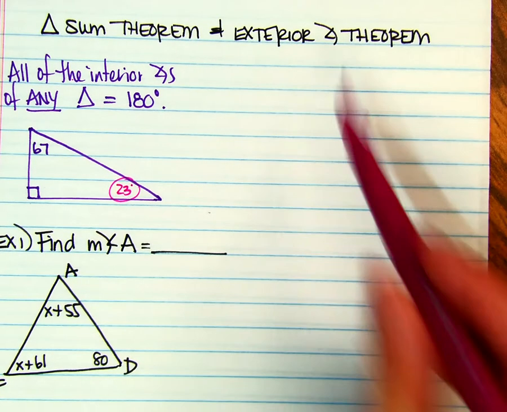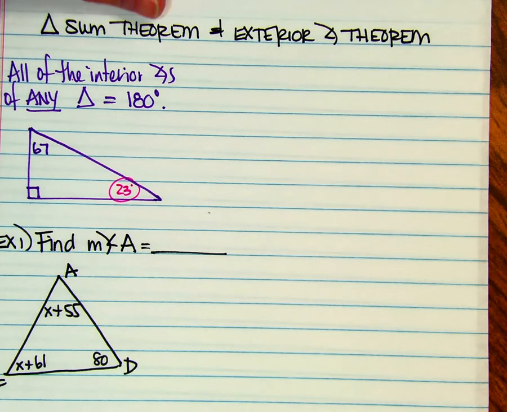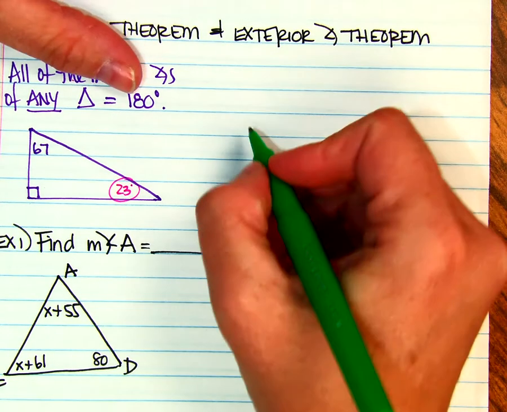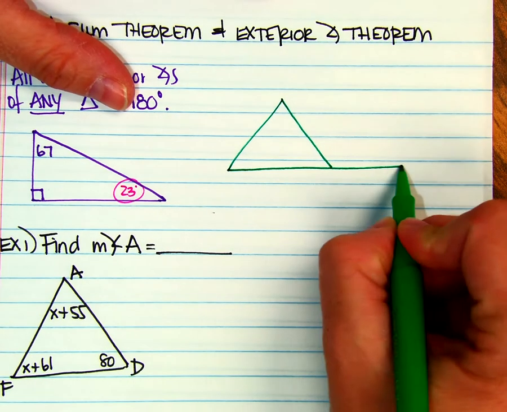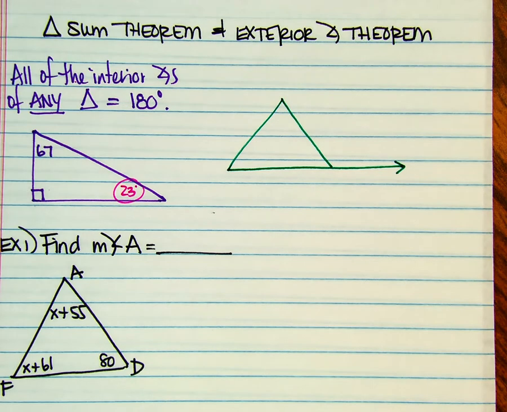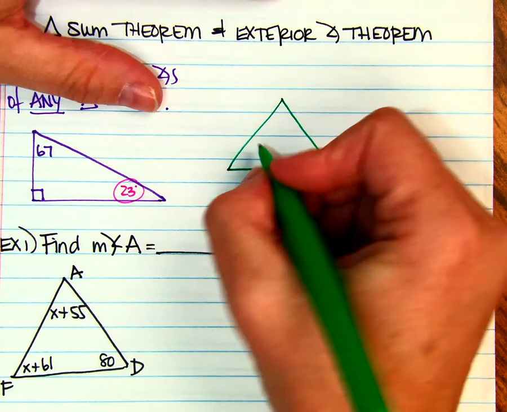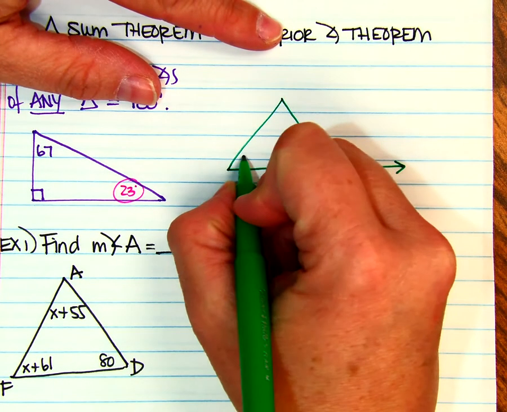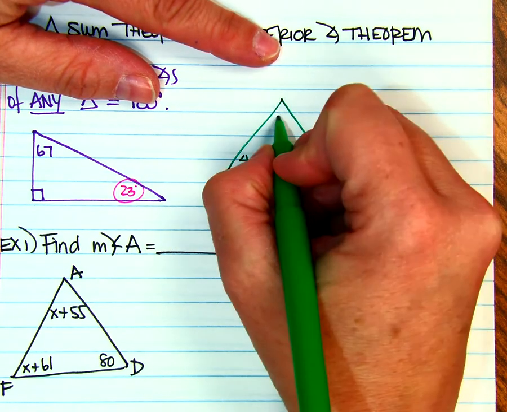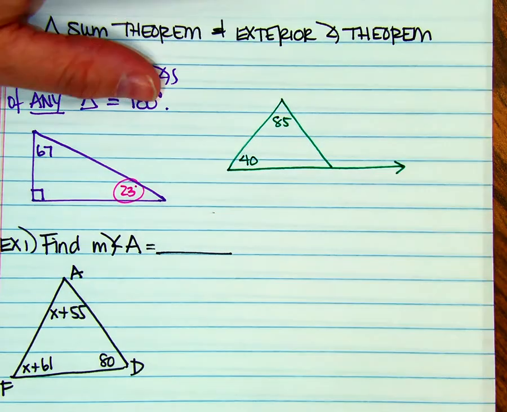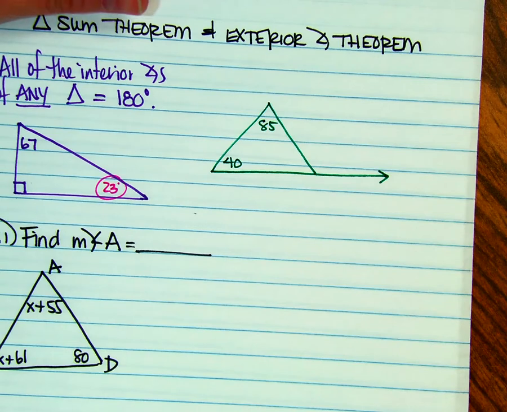The exterior angle theorem, if we have some triangle, okay, and there's a couple different ways of looking at this. So if this is 40 and this is 85, okay?